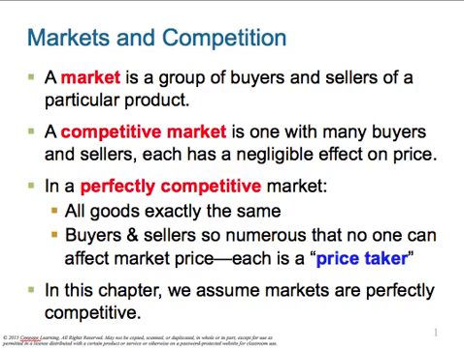In this chapter, we're going to assume that markets are perfectly competitive. In the real world, there are relatively few perfectly competitive markets. Again, let me emphasize perfectly competitive markets. Most goods come in lots of different varieties, including something like ice cream, the example given in the textbook.